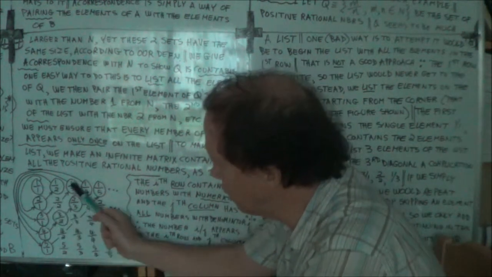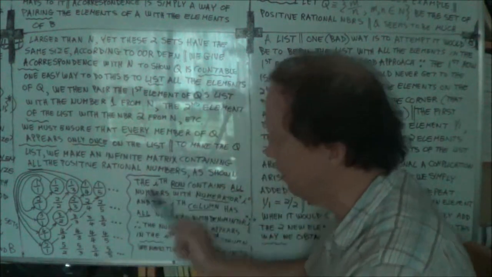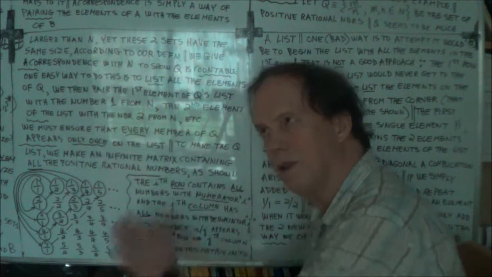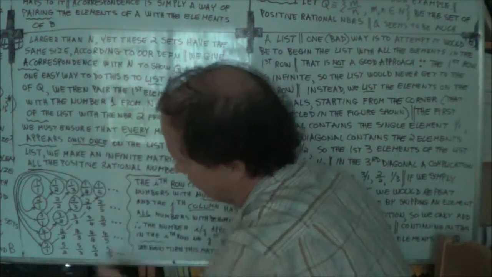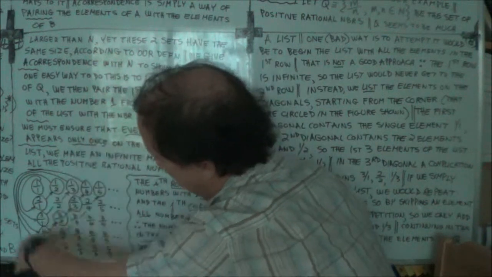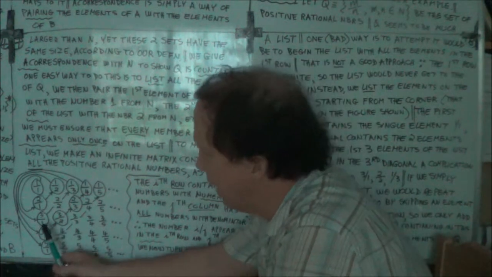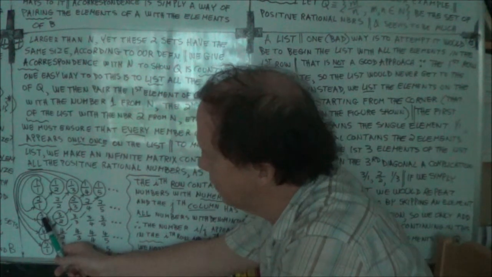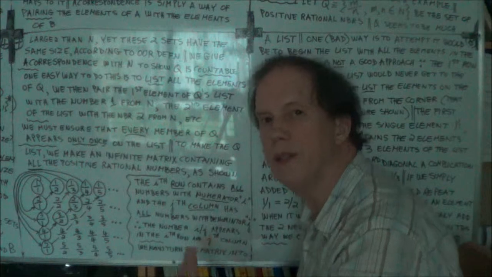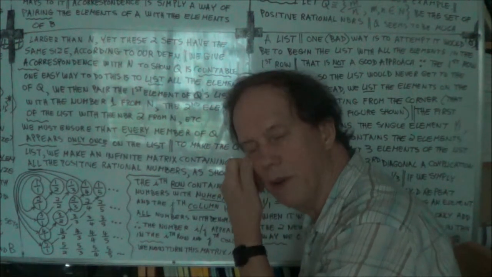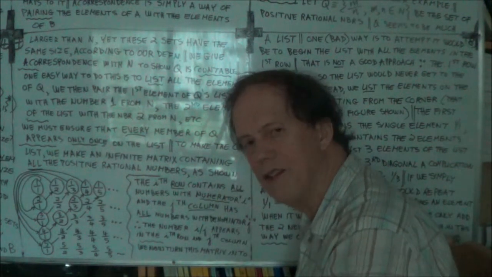So as you're looking at each element, as you go up the diagonal, the northeast southwest diagonal, so the diagonals this way, not diagonals that way, as you're adding to your list the elements in that diagonal, before you add them to your growing list of all positive rational numbers, check that the element you're about to add has not been repeated.